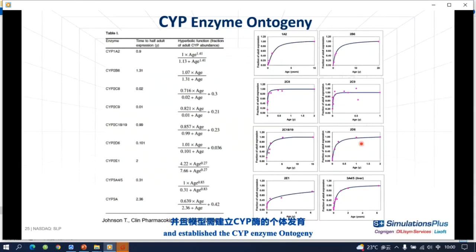well established. The CYP enzyme ontogenies, we are using the in vitro CYP enzyme ontogenies as published back in 2006. These are showing for most of the enzymes, for most of the CYP enzymes. I think there is one or two missing.